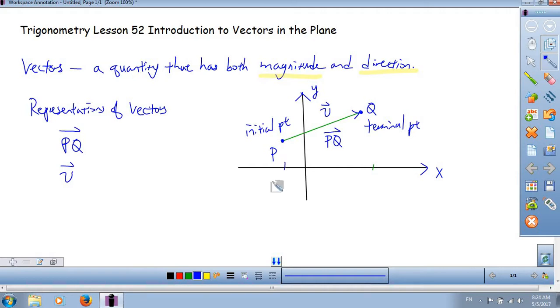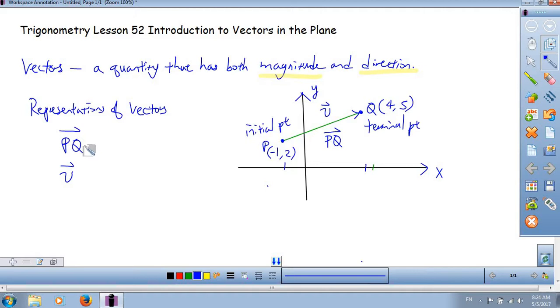For example, let's say P is (-1, 2), and let's say the ordered pair of Q is (4, 5). So P is (-1, 2), Q is (4, 5).